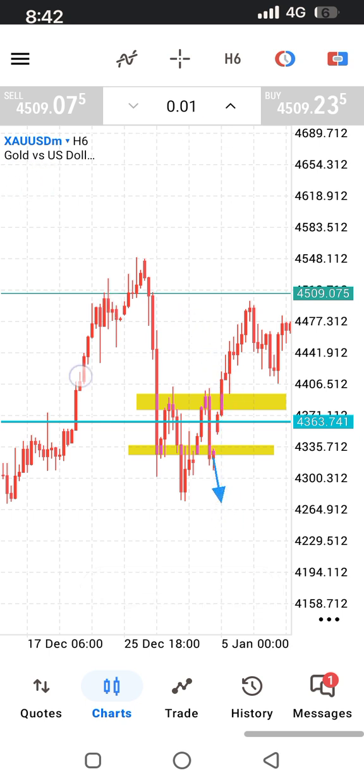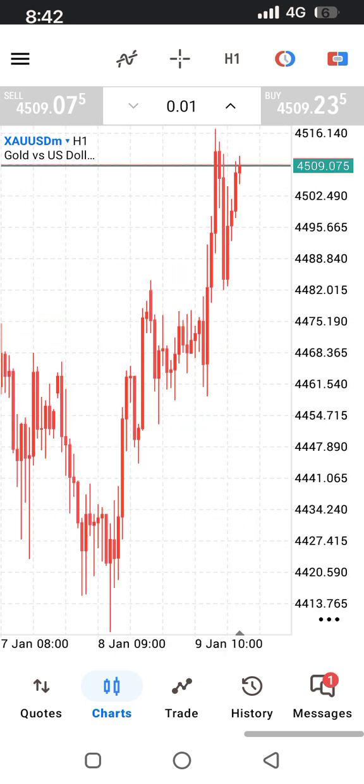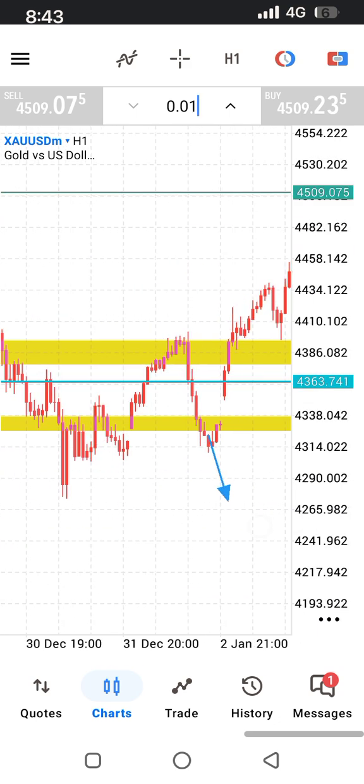But if you are able to spot this from the H1 perspective, you will not have lost much. You would literally not have lost much, because let me just show you guys how clean this setup was.